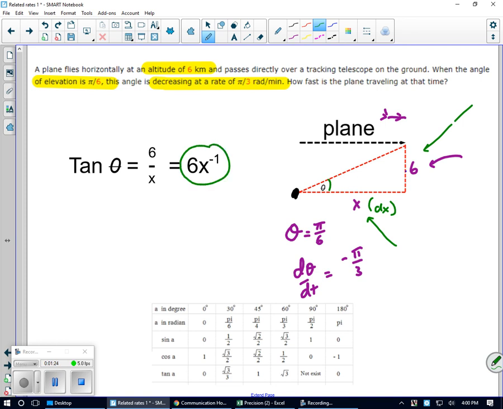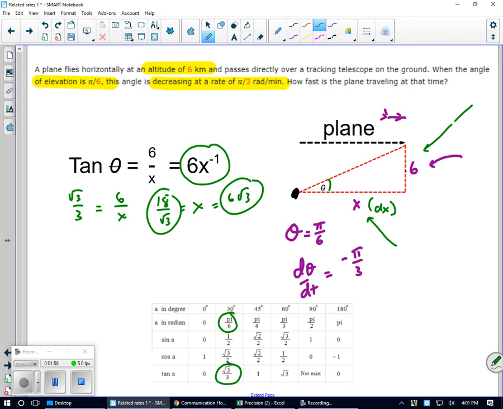And the tangent of pi over 6 from my chart here is the square root of 3 over 3, and that equals 6 over x, and cross multiplying, I get 18 over the square root of 3 for x. Now, you can clean that up if you want to. Rationalize your denominator. You're going to get 6 square roots of 3. This is a fine answer. You can use that one, just this one's going to look a little nicer. So x is 6 square roots of 3.